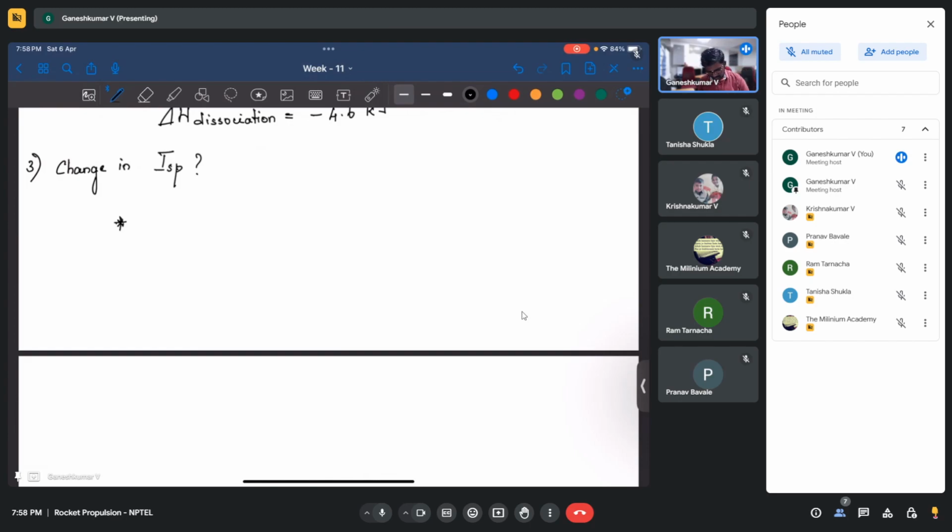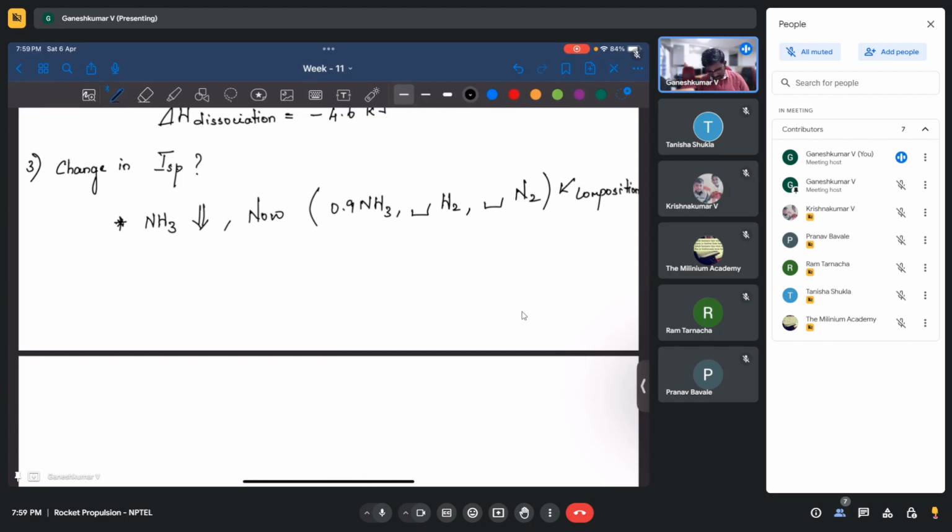One thing you stated is NH3 content has reduced. Now it is 0.9 NH3 plus the H2 and N2. So this is a composition. Composition has changed, and this is going to affect your performance.